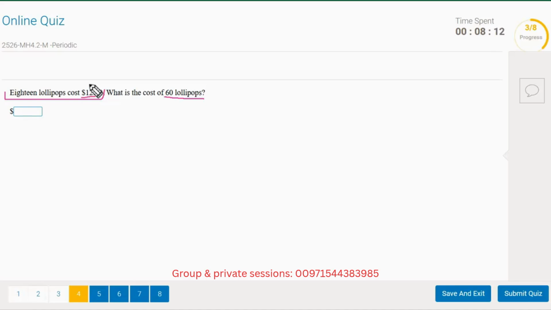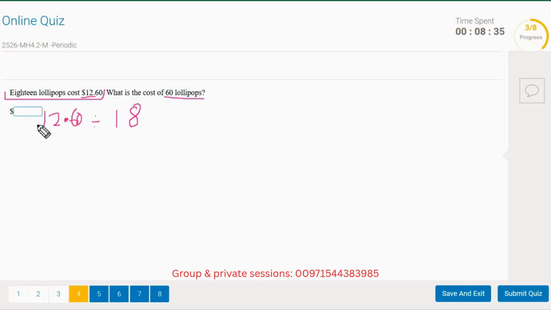So you can go and take money from your mom and buy 1 lollipop. How will you do that? You take the 18 lollipops and then divide, just 1 second. So 1260, divide that by 18.